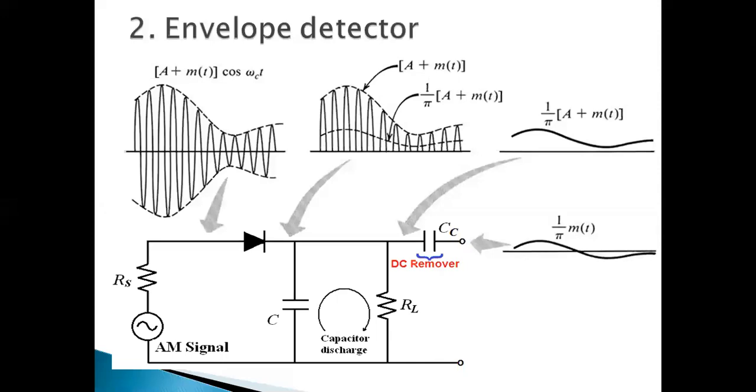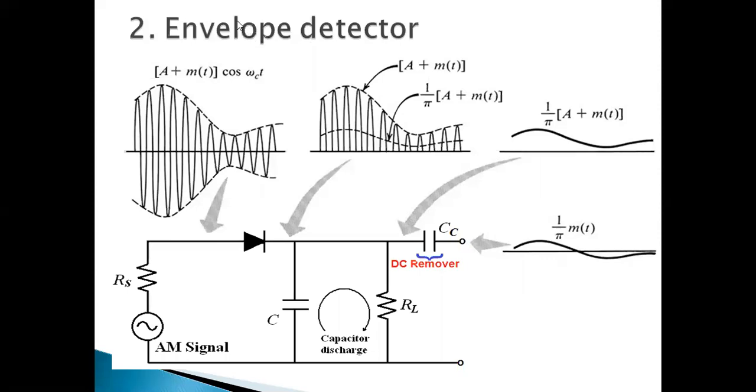But at the destination we receive the message signal, which is the low frequency signal. So the envelope detector is simple and a highly effective device.